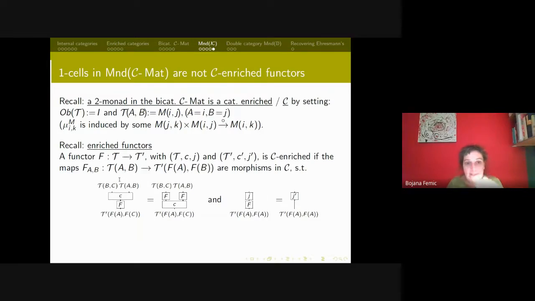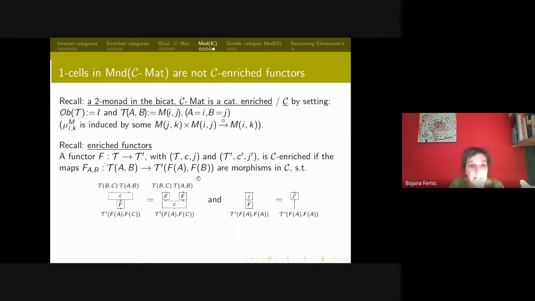Now let us connect all the information. Now tau(A,B) is identified with these matrices M. So on the top and the bottom of the diagrams are these matrices M, and this C is the circle for the composition. And F is what we want to be the enriched functor.